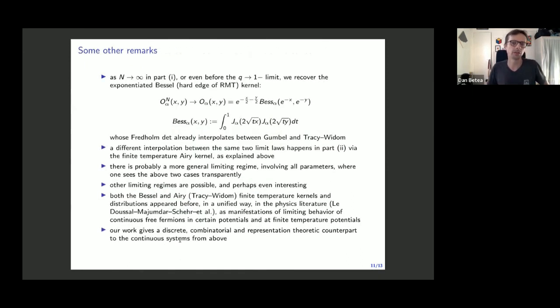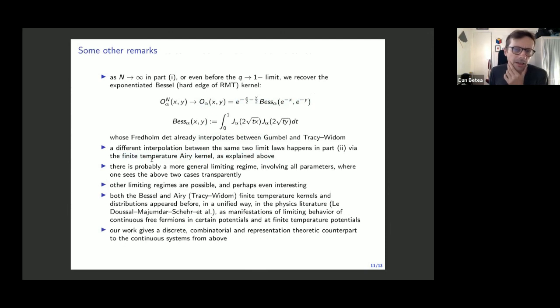There are many other things you can do. As n goes to infinity, in part 1, you recover the Bessel kernel that I told you about before, which already interpolates between Gumbel and Tracy Widom. In part 2, you interpolate between Gumbel and Tracy Widom via this finite temperature thing.